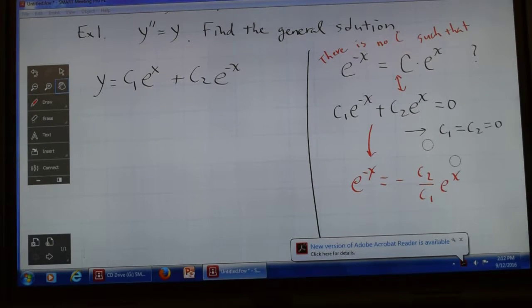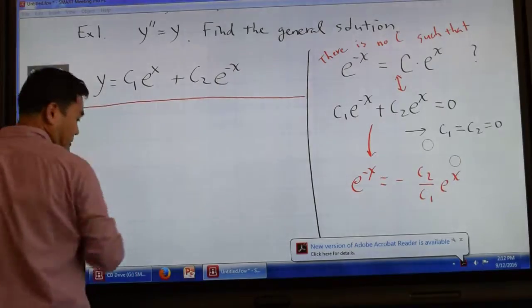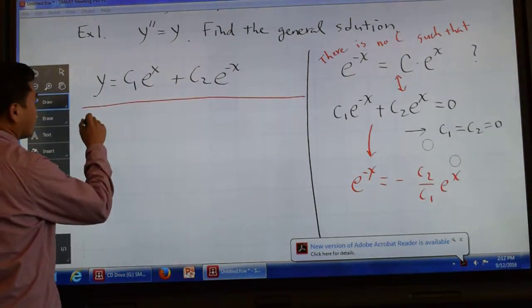Now, actually for proof purposes, this is easier to prove. To show that this implies that, it's easier to prove. Now, let me show you the proof.